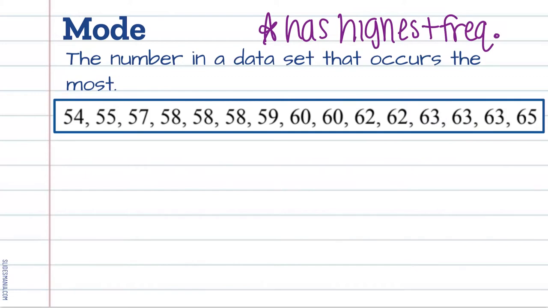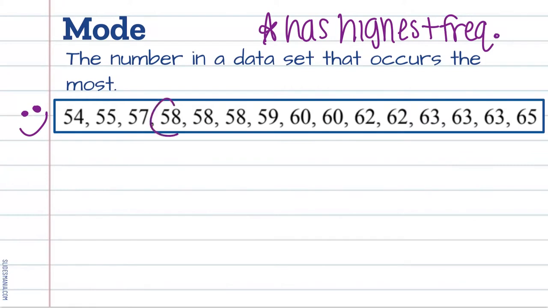So when I take a look at my data set, I see that they were very kind, and they already put our numbers in order from least to greatest. Now this helps us because when I order my numbers from least to greatest, I'm able to identify the frequency easier.